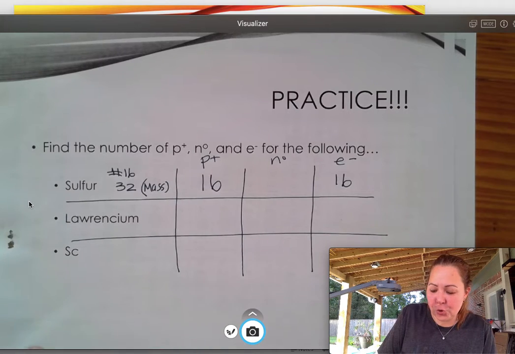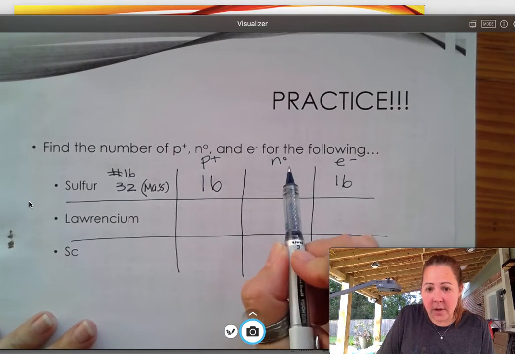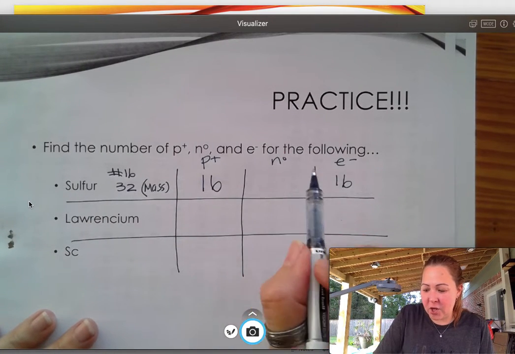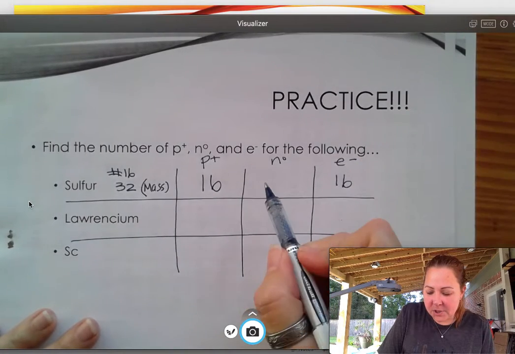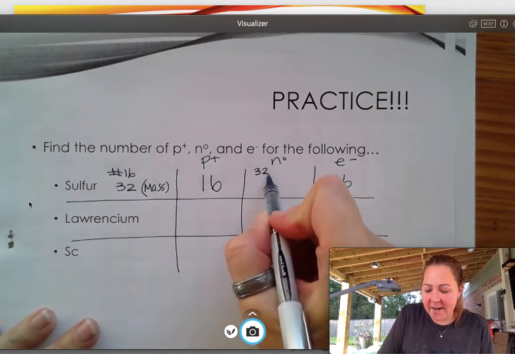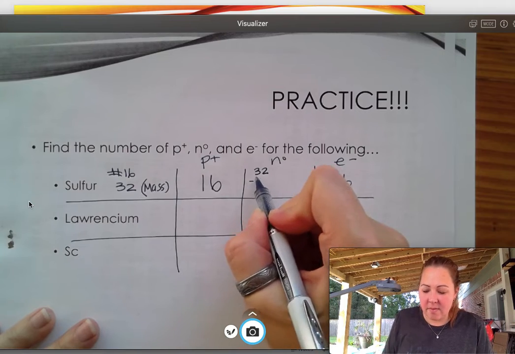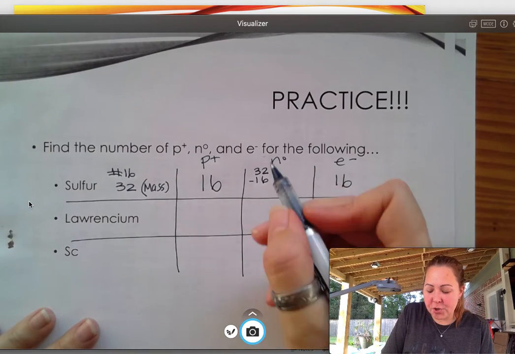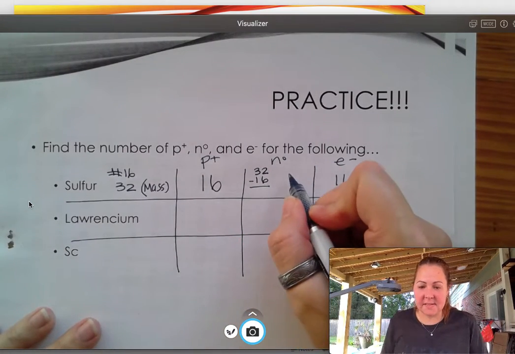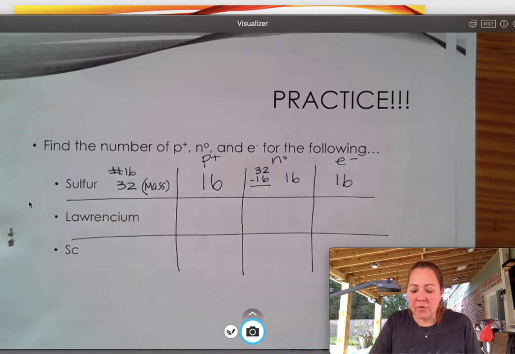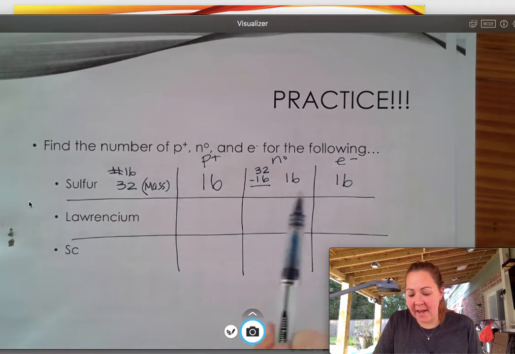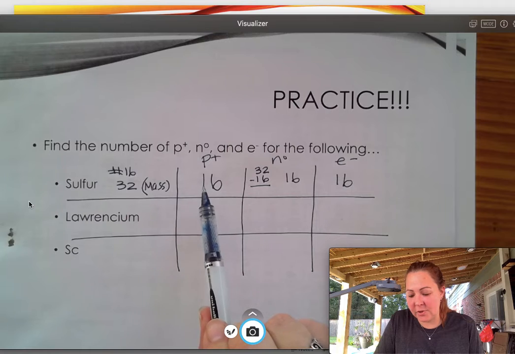Now for my neutrons, you're going to take your mass number, which is 32, minus the atomic number. 32 minus 16 is 16. So on this one, we just so happen to have the same number of protons, electrons, and neutrons.